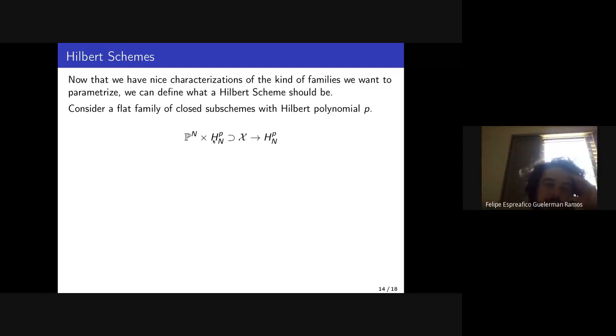this space H_P^n, right, will be our Hilbert scheme, and we want to define what is the universal property it should satisfy. So, of course, remember that the family is going to be in the product of the parameter space and the projective space.